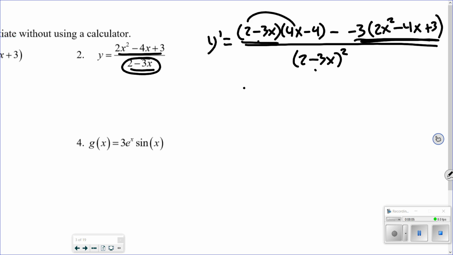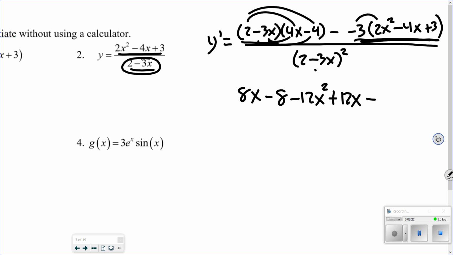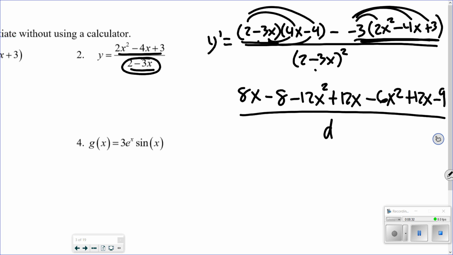That would be 8x minus 8 minus 12x squared plus 12x minus 6x squared plus 12x minus 9, all over my denominator right there.